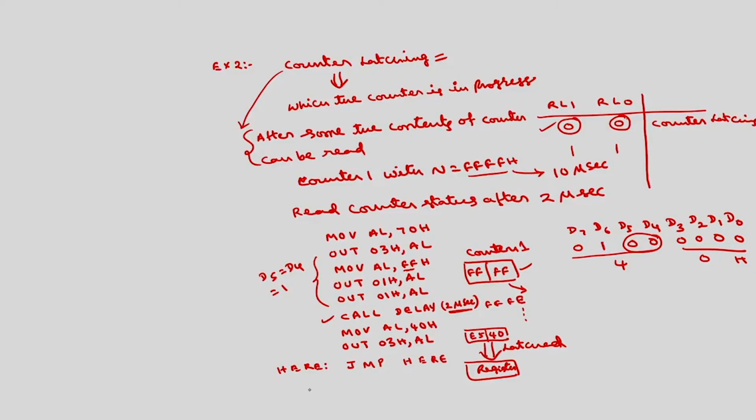You see how we can read the contents of the counter while the counting process is in progress. This is another application of mode 0, which is called counter latching.